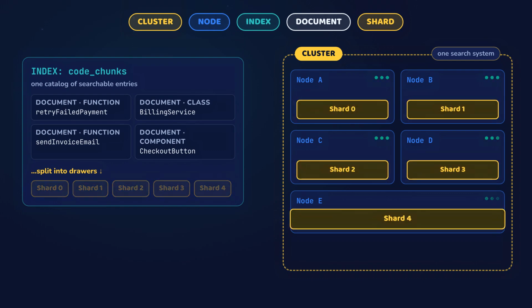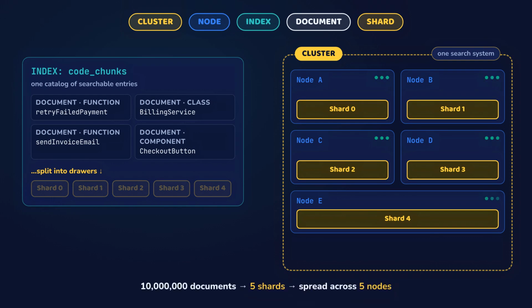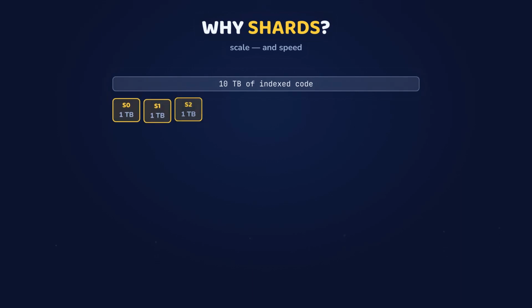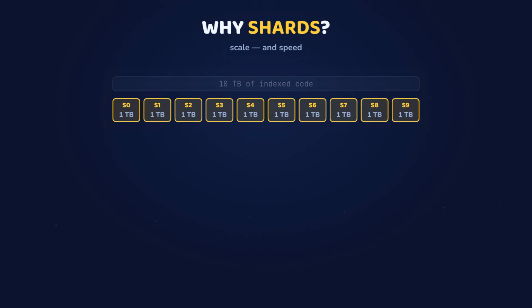10 million documents won't fit in one drawer, so OpenSearch splits the index into shards and spreads them across the nodes. Why bother with drawers? Scale and speed. Split 10 terabytes of indexed code into 10 shards, and one query can search all 10 drawers at the same time.